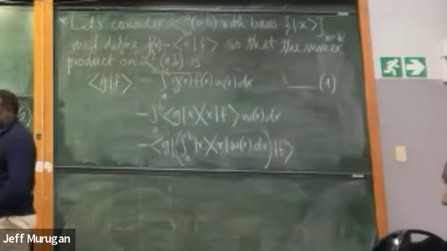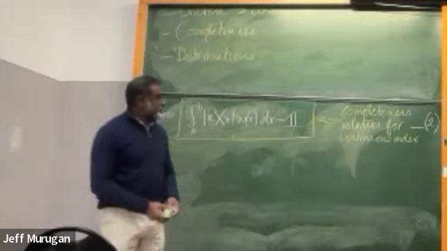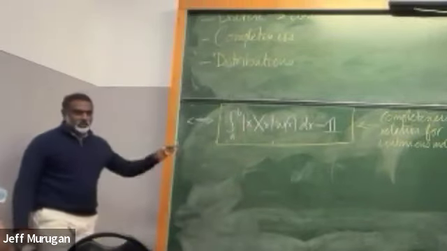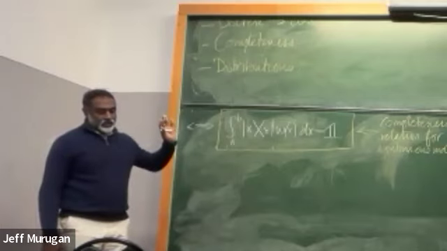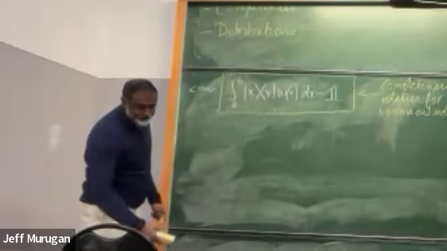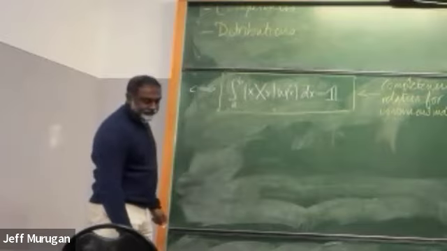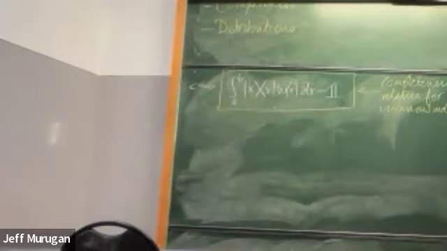Good. So that's the completeness relation that we're going to be using, and another way of writing this is as follows. You remember when we had a basis of vectors, we were able to expand a given vector in that basis.